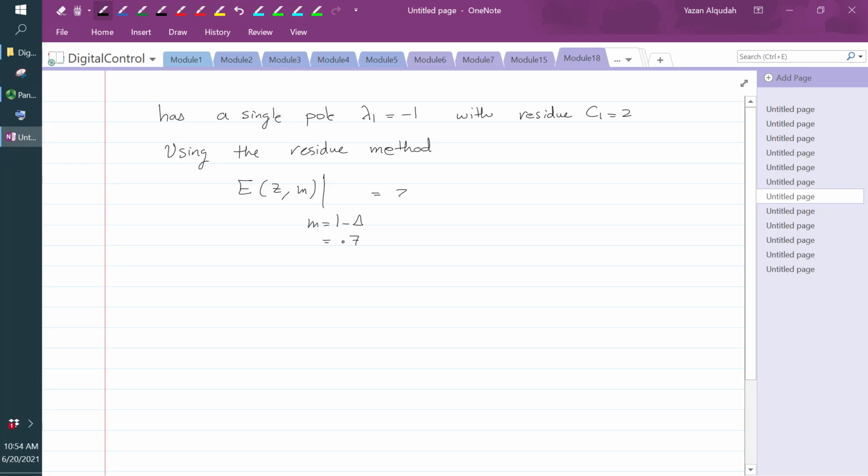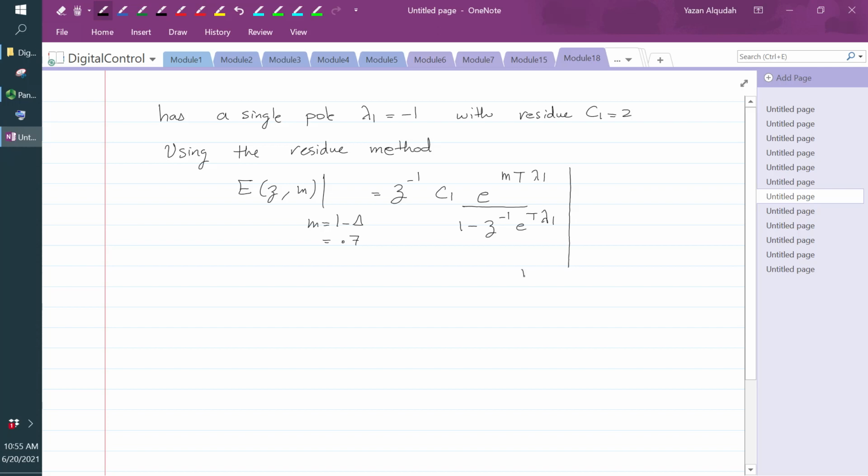This is going to equal, according to the formula, and let me redo this, Z to negative 1 multiplied by the residue C1 e to m multiplied by T multiplied by lambda 1, divided by 1 minus Z to negative 1 e to T multiplied by lambda 1. Now in this case we have only one pole, so there is no summation.